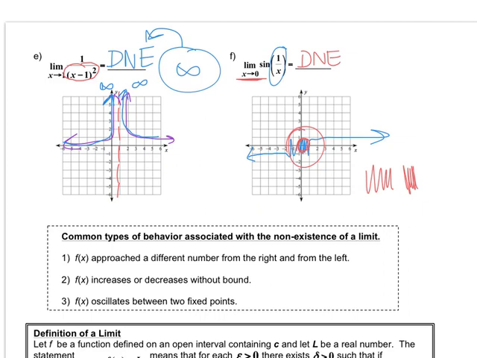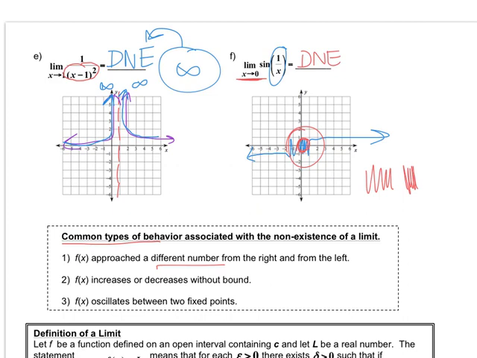So just to recap, we saw how to find limits with graphs. If it's approaching the same value on that graph from both directions, then it's easy to find the limit. So these are the 3 types of behaviors where the limit does not exist. The first one is if it's approaching a different value from the left and from the right, that limit doesn't exist.